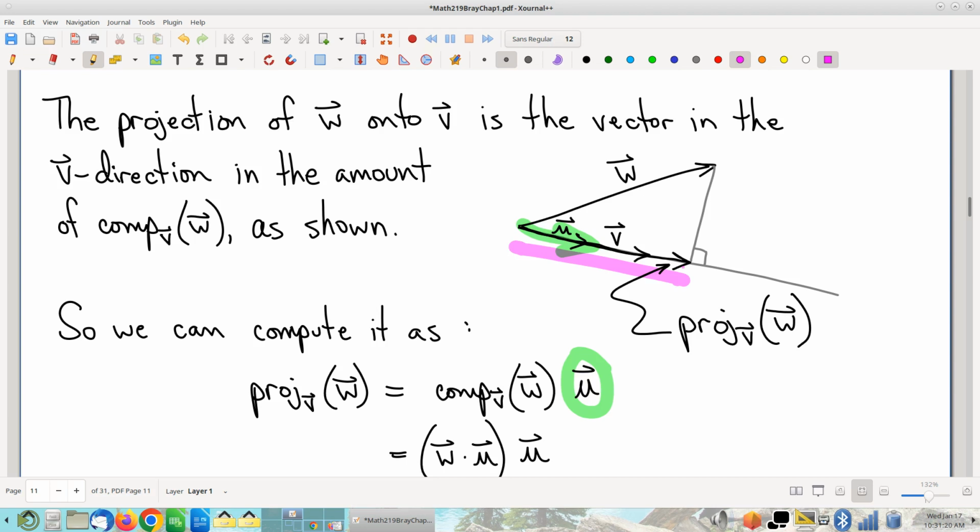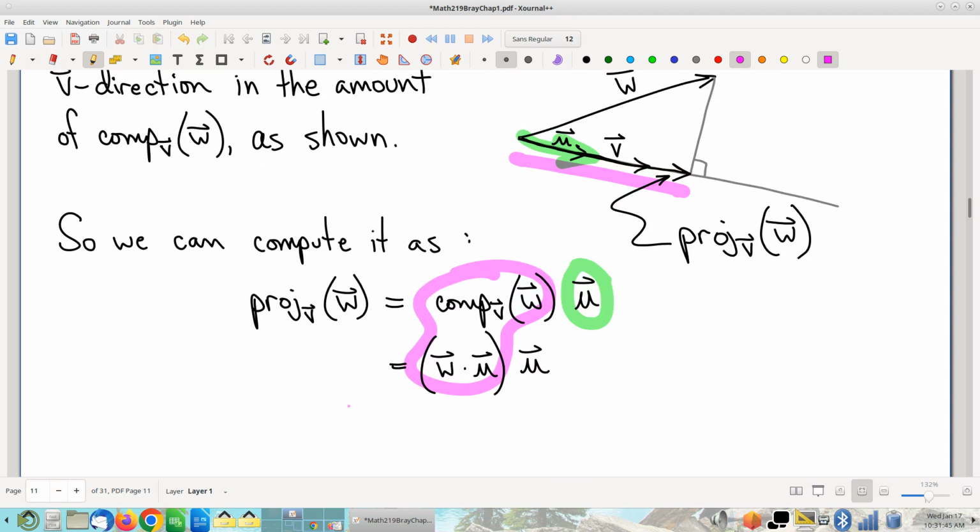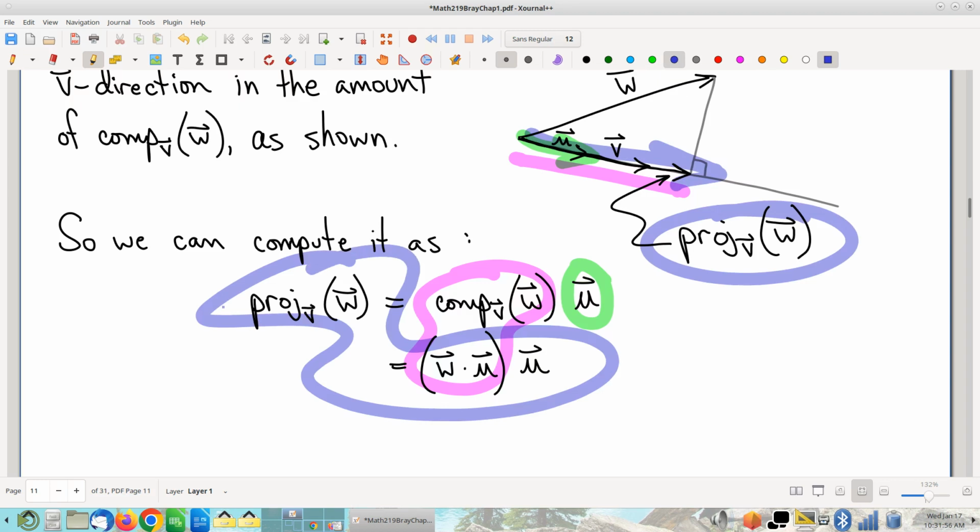Again, you can't say magnitude or distance or length because this could be negative. W could be pointing the other way. But the scalar indicating what you want to multiply by that unit vector is the component. And again, we have a handy formula for that. So if you want to understand this vector, well, direction and magnitude previously noted. And so here's our handy, convenient formula. This projection vector here is computed by that formula right there. Everybody with me?